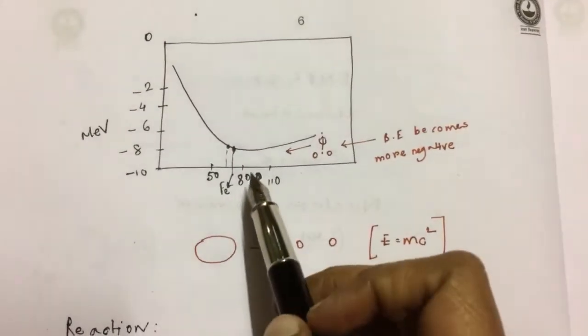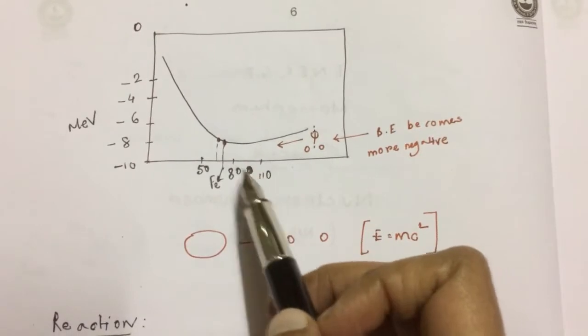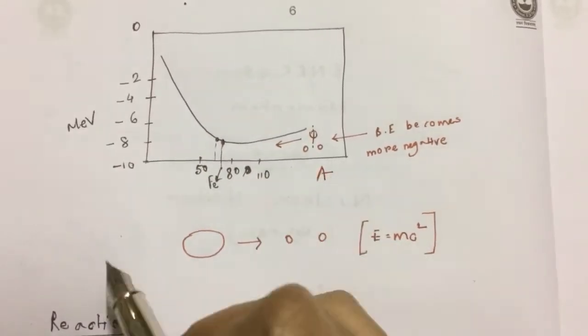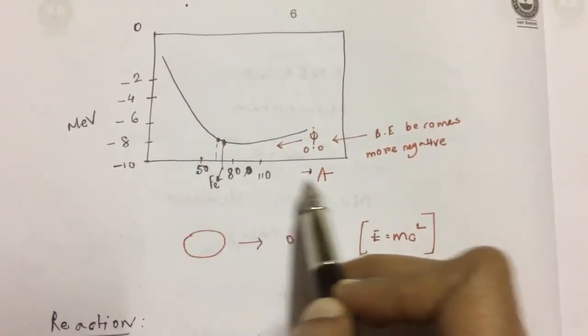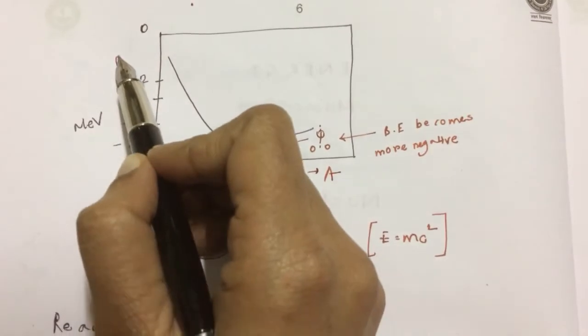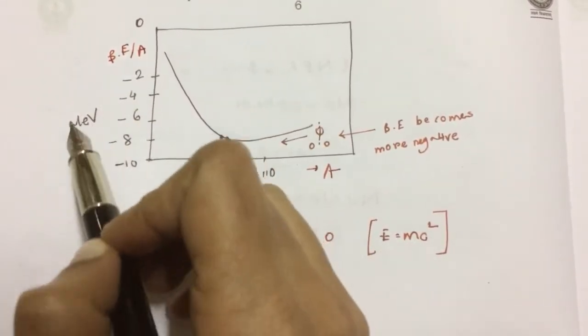Why is the energy released in fission? The answer lies in the binding energy per nucleon versus total number of nucleons plot. In the x-axis, we have plotted the total number of nucleons. In the y-axis, this is binding energy per nucleon, and this is of course in the unit of MeV.